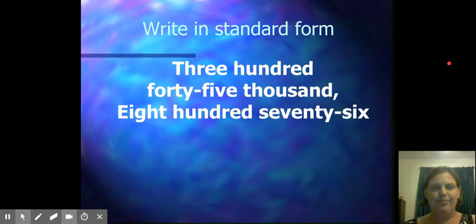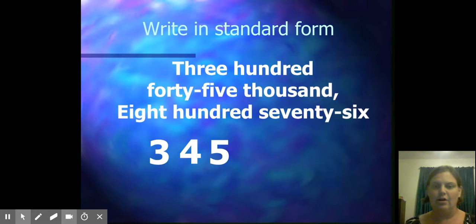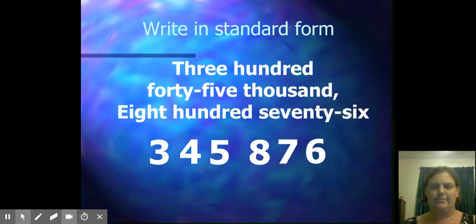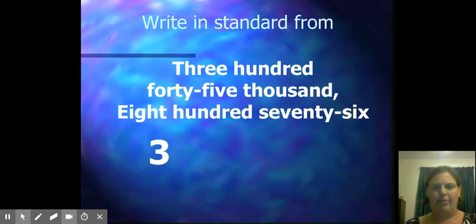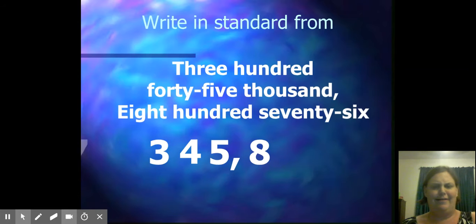Try to get this done before I can put it up on the screen. 345,000. We'll have a comma. Oh, I forgot my comma. Oh no. 876. Don't forget your comma, you guys. 345,000. Oh, that one did. 876.